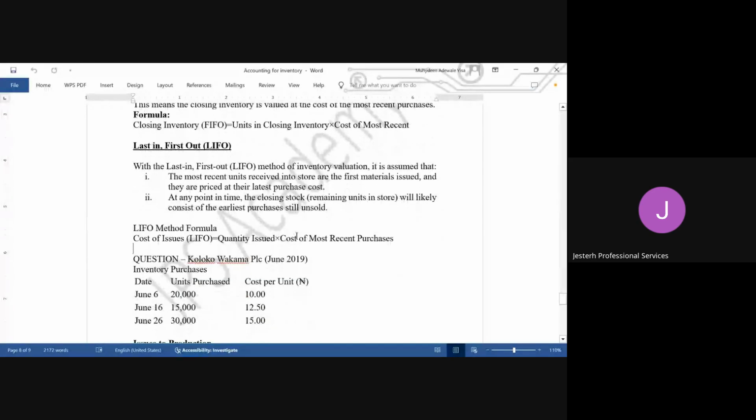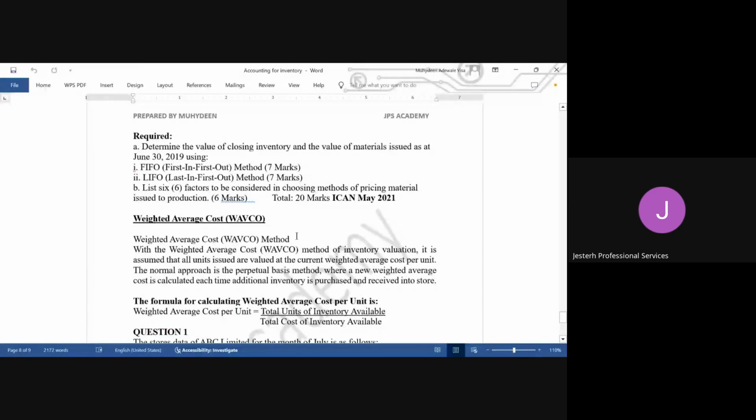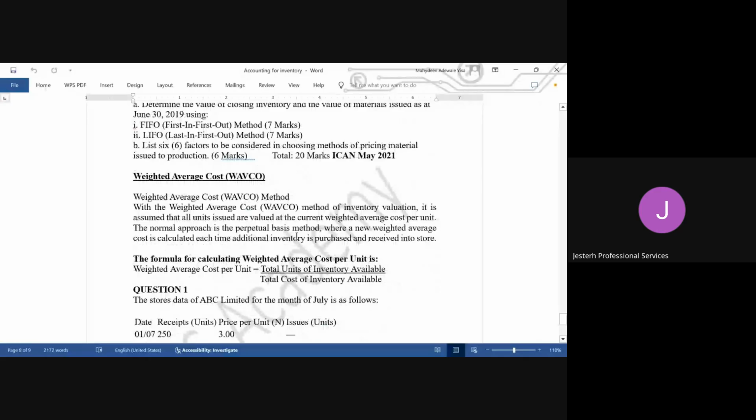While the last one is weighted average. This is just another valuation method, which assumes that all units are valued at the current weighted cost per unit.